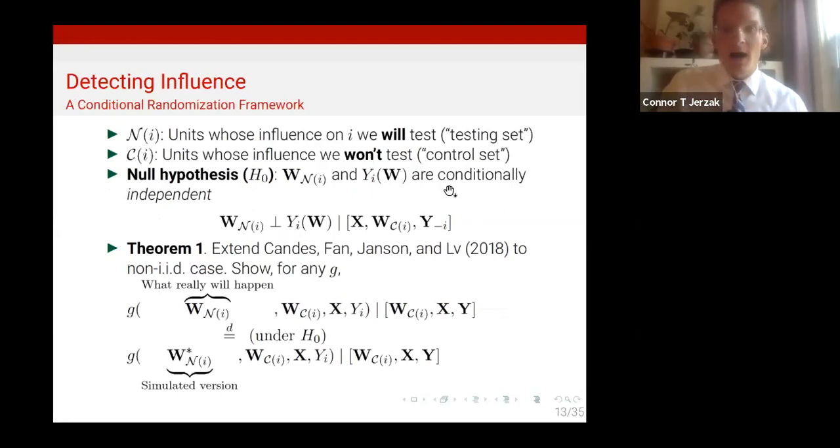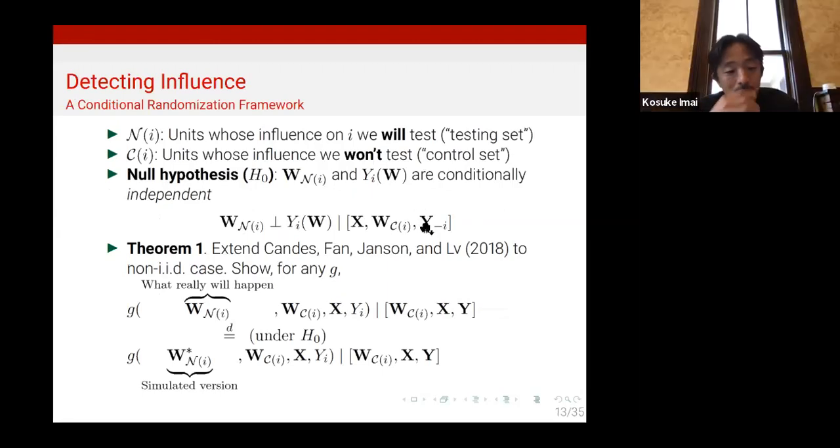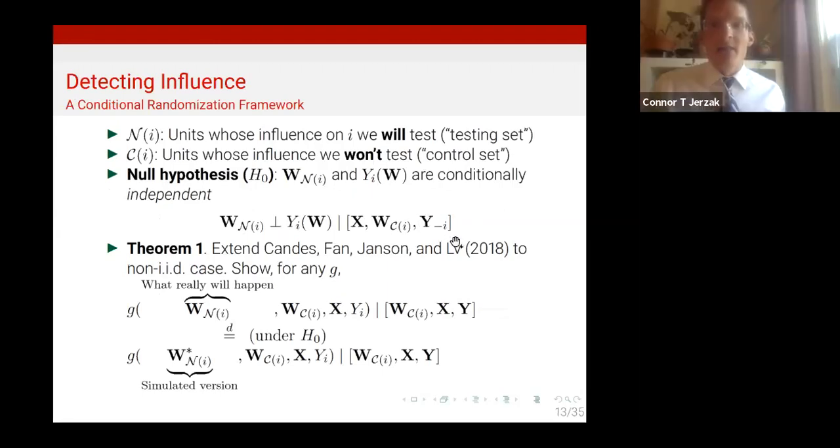Yeah, so W I, that's the, go ahead, sorry. That's a W minus I, W minus I could be related to N of I. What happens to people in the testing set could be related to their outcome. I mean, that's certainly true.